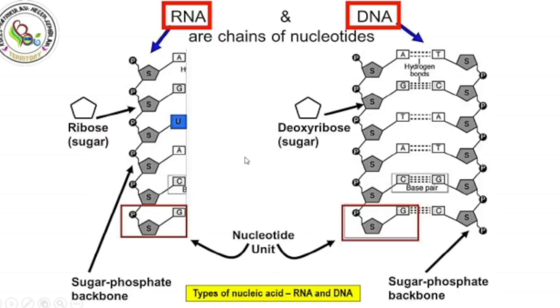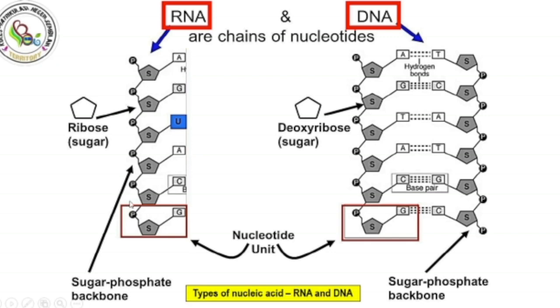This diagram shows the structure for RNA and DNA molecules. Even though both molecules are types of nucleic acid, they have different structures, in which we can see that the RNA molecule has only one, or single, polynucleotide chain.